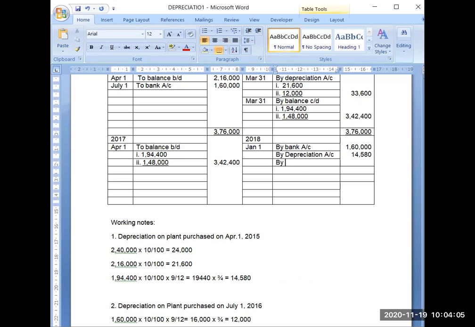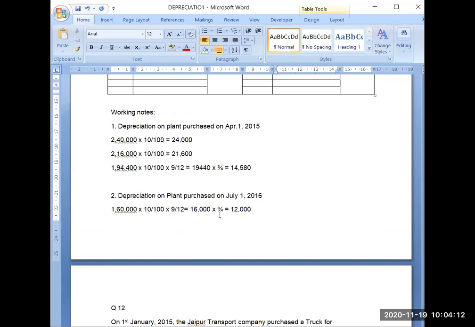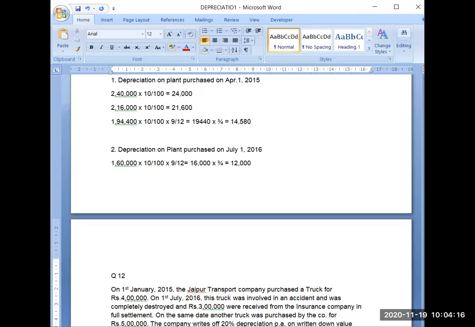So now we can calculate the profit and loss. For that, we can also make the working note. Third working note, profit or loss on sale of plant.